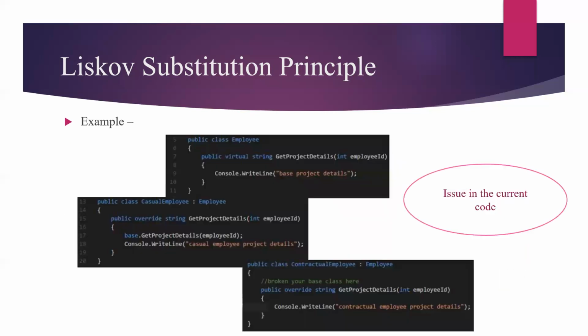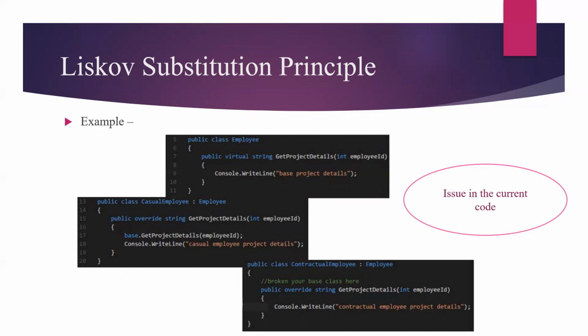So let's see one example. You see we have a class here, Employee. And now you see we have two child classes, CasualEmployee and ContractualEmployee. So you see an issue in the current code. Now you see in the ContractualEmployee class, we have a GetProjectDetails method.